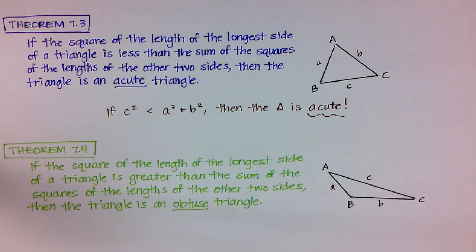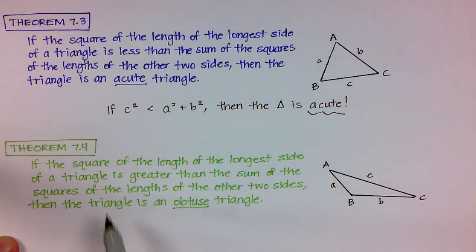Also, I have another theorem very similar. This is theorem 7.4, and it says if the square of the length of the longest side of a triangle is greater than the sum of the squares of the lengths of the other two sides, then the triangle is an obtuse triangle.